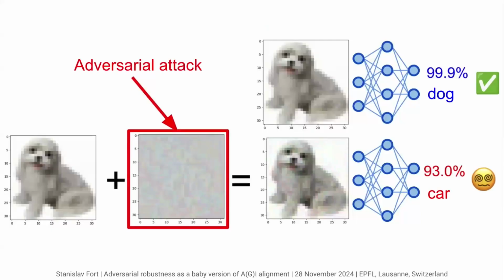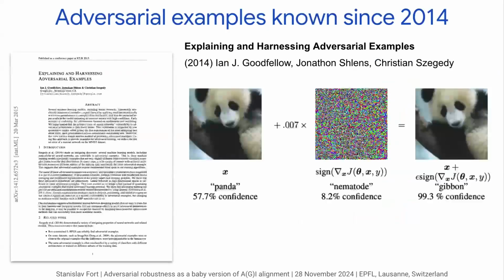So this is a well-known phenomenon called adversarial examples, or adversarial attacks. It was described in a now pretty famous paper, Explaining and Harnessing Adversarial Examples, by Ian Goodfellow, and Christian Szegedy was on the paper as well. This is the example from the paper: this panda, at about 60% ImageNet panda, turns into an extremely confident gibbon, the most gibbonish gibbon ever, with this specific modification pre-multiplied by a very small epsilon.